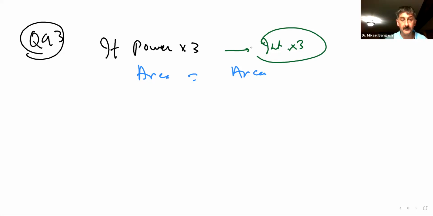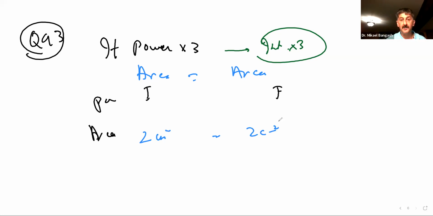You can do it this way, saying power was initial, and we can say final. We can also say the area remains the same, so we can take any area, say 2 centimeters square.